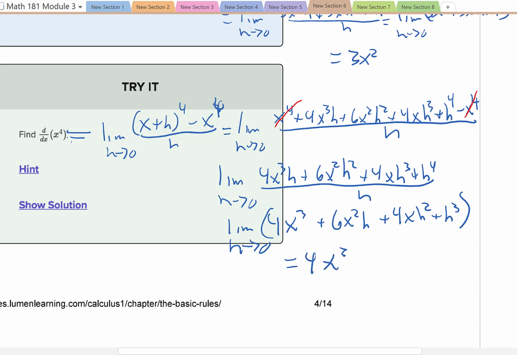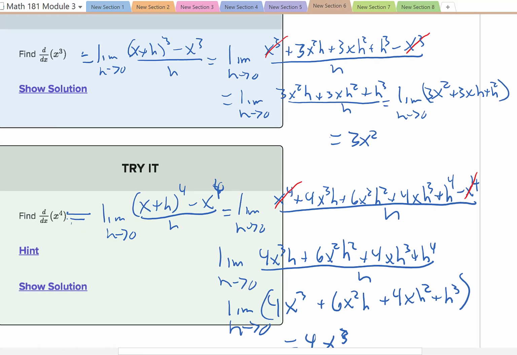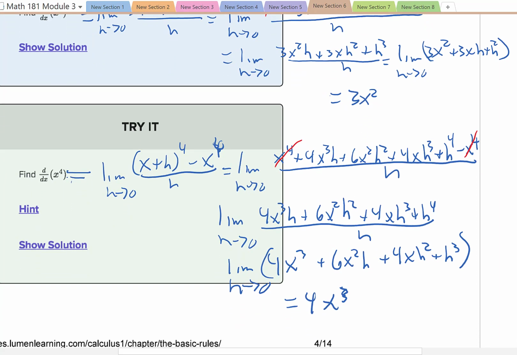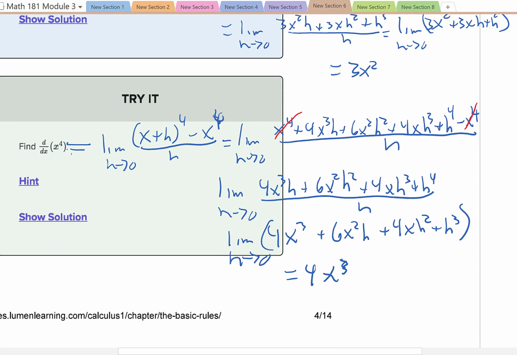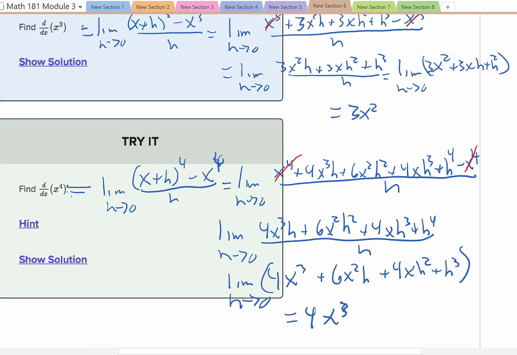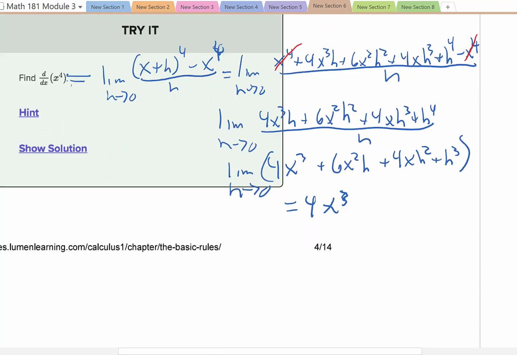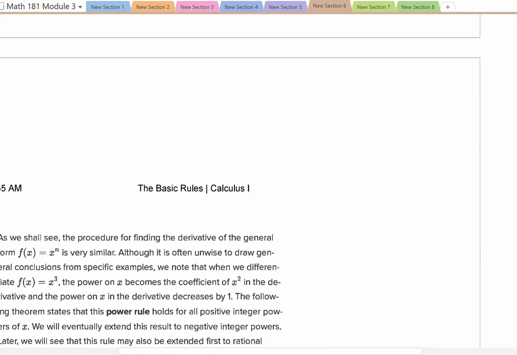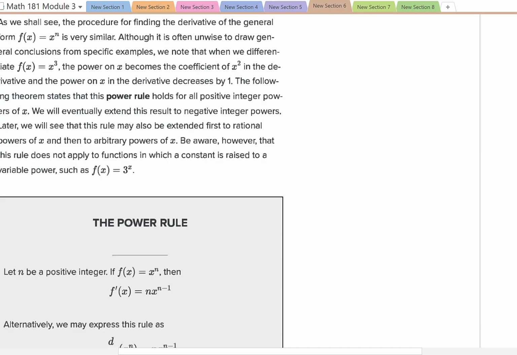So my question to you is, just looking at these, do you recognize a pattern between them? So notice that was an x cubed, and the derivative is 3x squared. This is x to the fourth, and the derivative is 4x cubed. And so if you're seeing it, great. If not, let's go down to the rule. This is called the power rule.